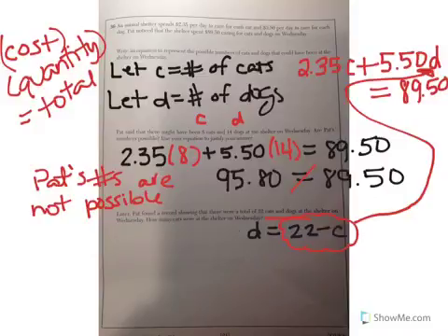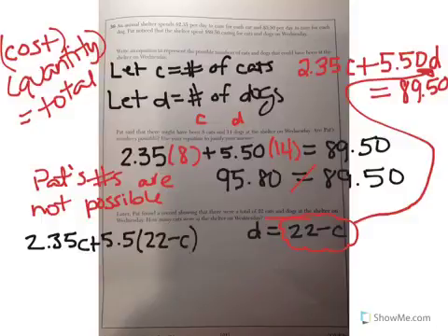Okay. So now what we're going to do is start with our original equation, 2.35C plus 5.5. Instead of the letter D, remember we're substituting in 22 minus C, and it should all equal 89.50.